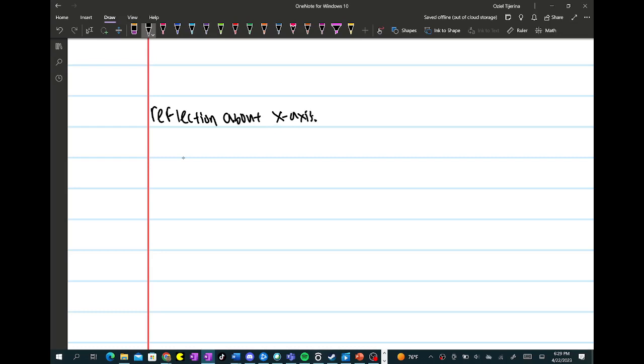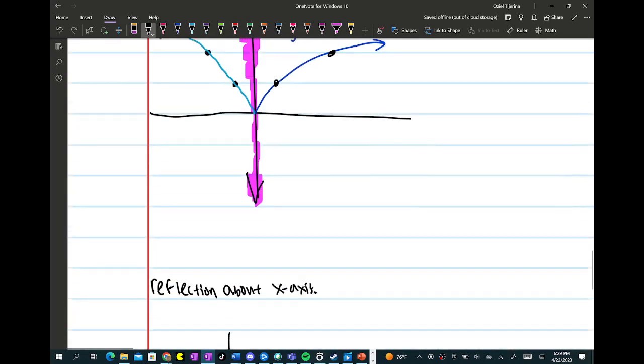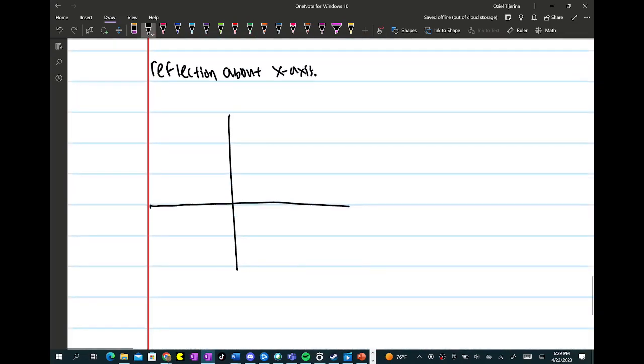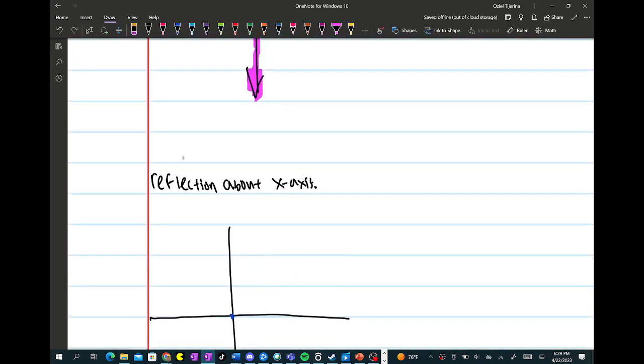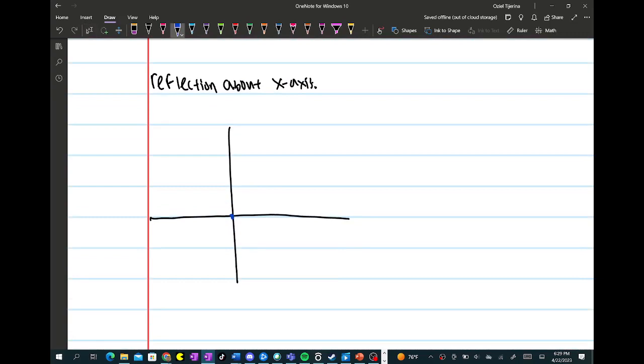Basically, I'll draw the same curve here, like this.